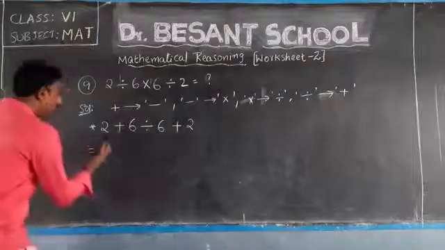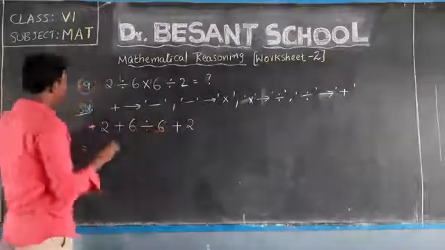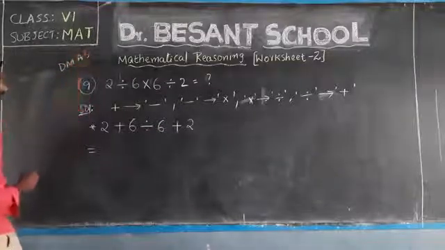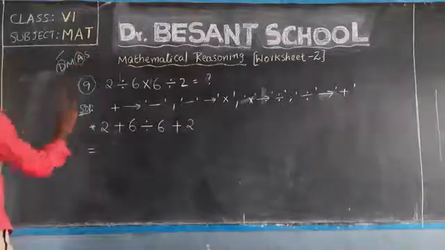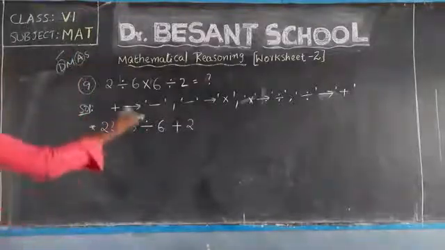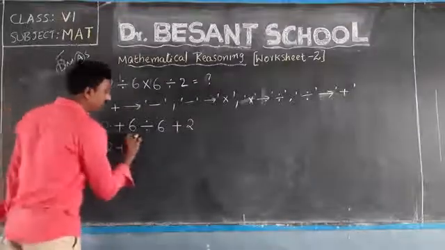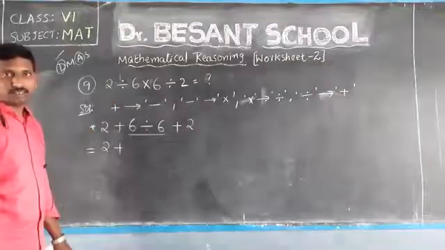So 2, check out: addition, division, addition. So according to DMAS rule, here you have only division and addition. First division is to be followed, then addition is to be done. So 2 plus, this is the first one you have to perform. 6 divided by 6, how much, sir?